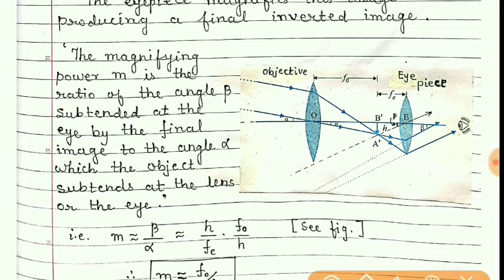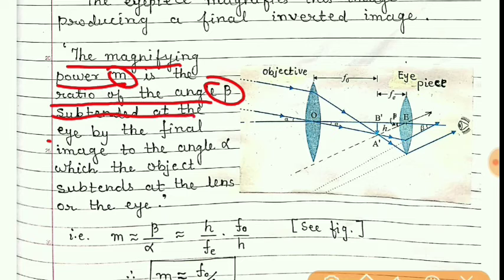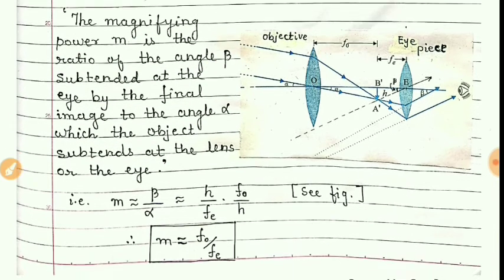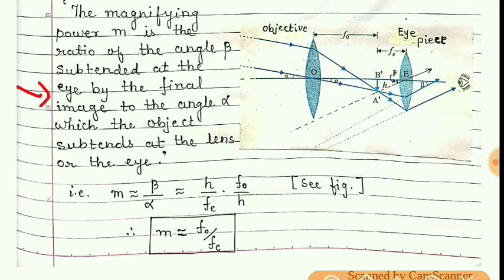Now the magnifying power M of the telescope is the ratio of the angle beta subtended at the eye by the final image to the angle alpha which the object subtends at the lens. So students, you can see, according to this definition, magnification is beta upon alpha.